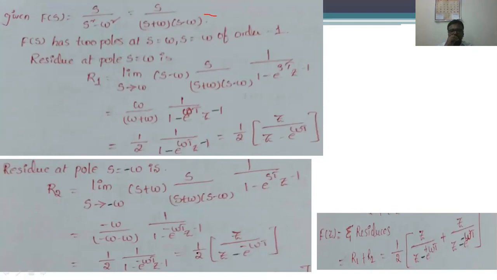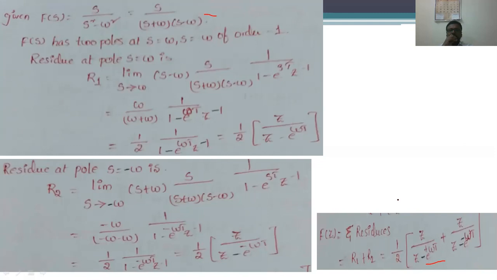So adding this particular R1 and R2, we can get the final Z transform for the function f of s, that is 1 by 2 into z divided by z minus e power omega t plus z divided by z minus e power minus omega t. Okay.